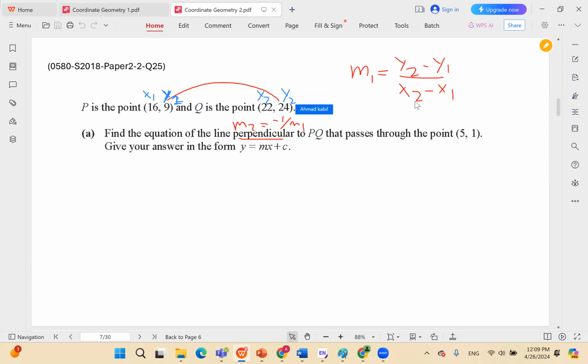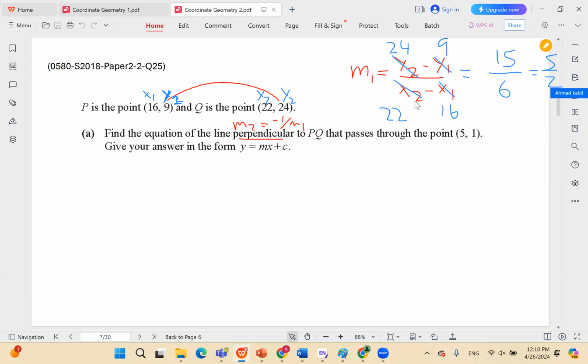So y2 is 24, and y1 is 9. x2 is 22, and x1 is 16. So 24 minus 9 is 15. 22 minus 16 would be 6. If we divide by 3 up and down, we get 5 over 2.